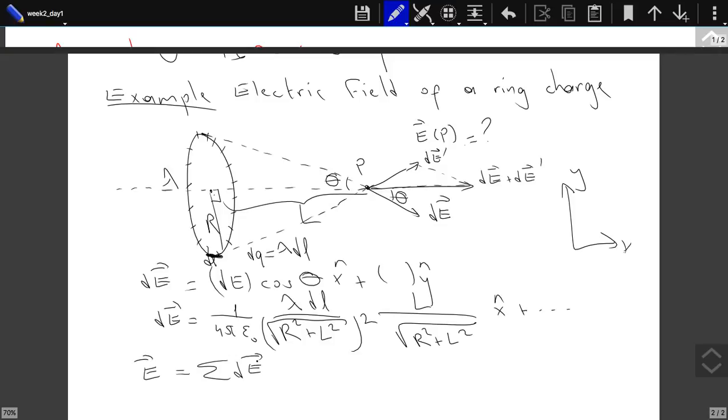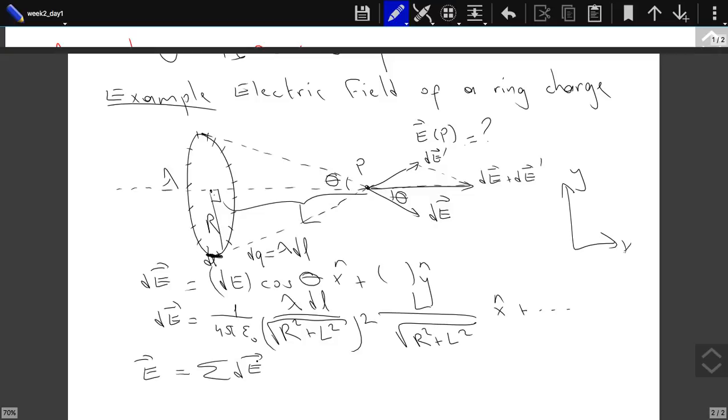So this 1 over 4 pi epsilon 0, I can just take it out. Lambda I can take out. L I can take out. R squared plus L squared to the 3 halves: 2 over here, 1 over here, 3 from the square root.